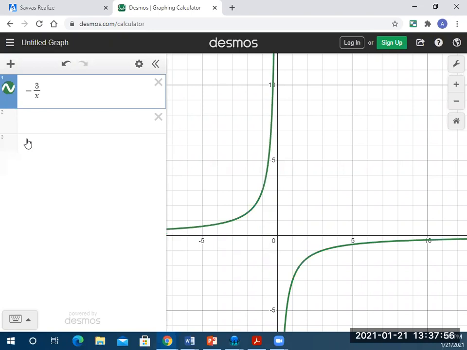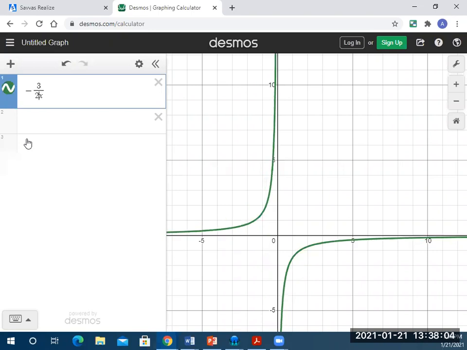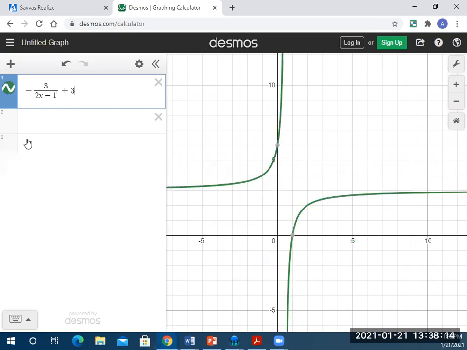So it's a vertical stretch by 3 units, not a shift, sorry. Next was, we have 2x minus 1. And that is a shift to the left by half a unit. And then we have plus 3, a shift up 3 units. Does everyone see those transformations? All right, great.